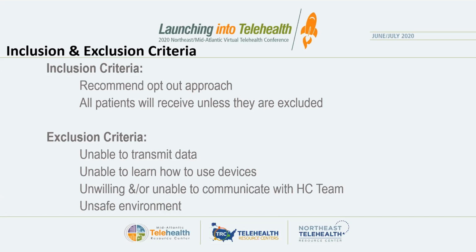So if you take that sort of approach, then what would exclude the patient? The very first thing is unable to transmit data. And I can't talk about this enough. It's super important for you to understand, in the area of the country that you're in, how data can be transmitted. Is it that the patients have a phone line?